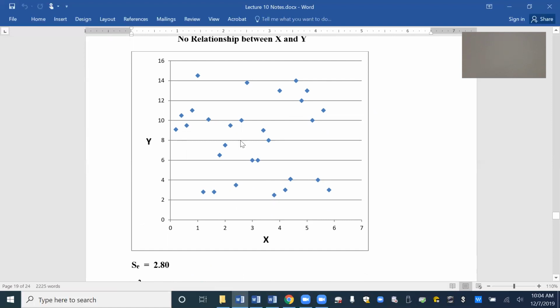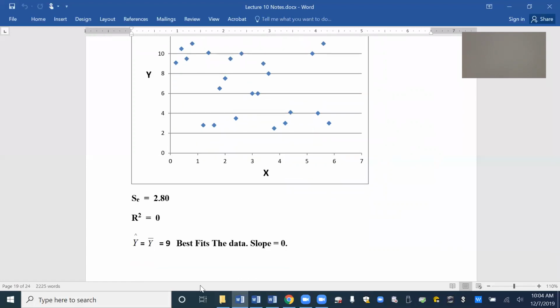In fact, the line that best fits this data, Y bar equals 9. The average, just every point, our best guess is 9 because there's no relationship between the X and the Y's. So R squared would be 0. And the best fit for this line is just guess the average Y because X tells you nothing. And SE is 2.80.